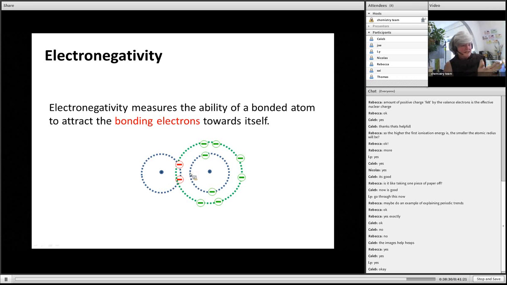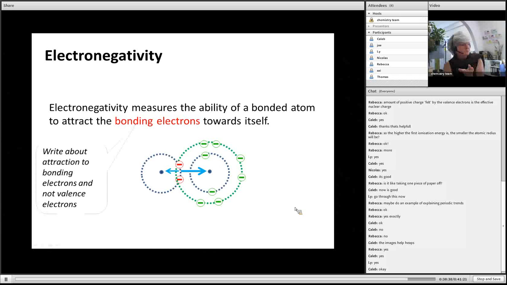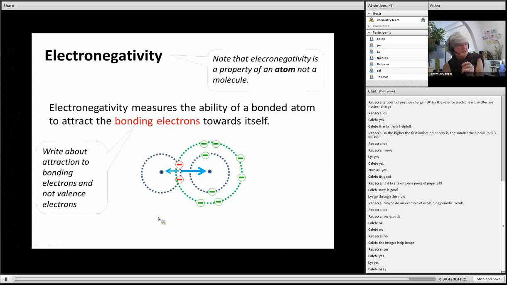So it's that attraction to those bonding electrons. So I'm trying to show it's stronger to there than to that nucleus over there. Now, as I said here, just write about bonding electrons, not valence electrons, when you're talking about electronegativity. And I've already mentioned that.